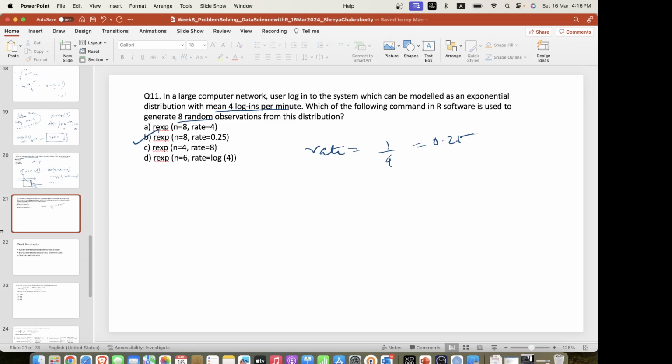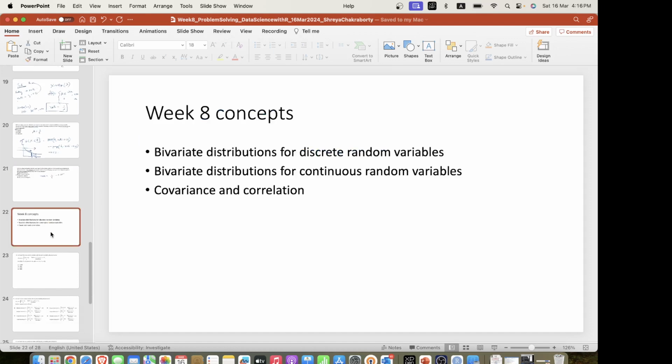Alright. Okay, so now let us move on to some week 8 concepts. So we learnt about bivariate distributions for discrete random variables and bivariate distributions for continuous random variables, and also we learnt about covariance and correlation.